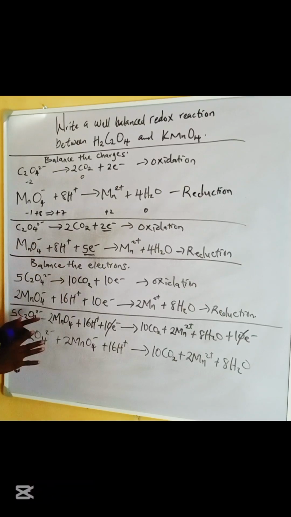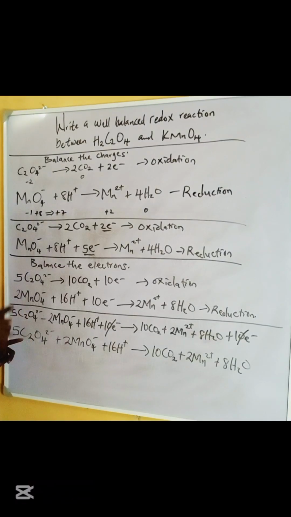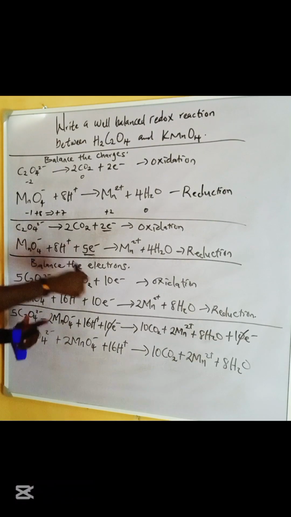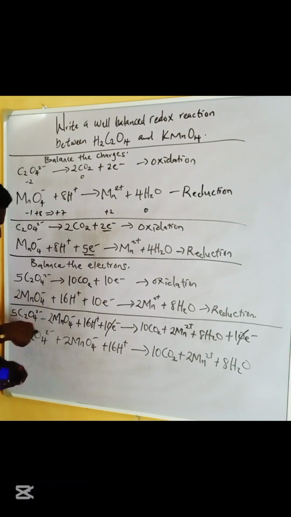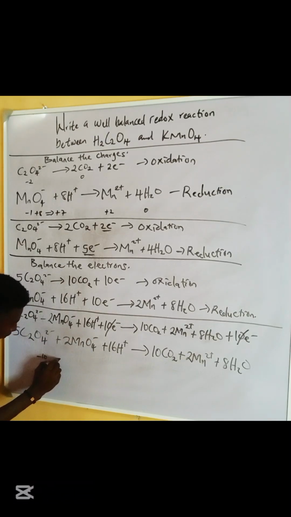Is that clear? Alright. So now we've seen that the atoms are balanced. Now how about the charge? You don't just check the atoms and then say that everything is balanced. No, I have to check for the charge. So let's check for the charge. We have 5 times 2 here. So that is what? Minus 10. Good. And we have 2 here as well, 2 plus, that is, we have minus 2 also.